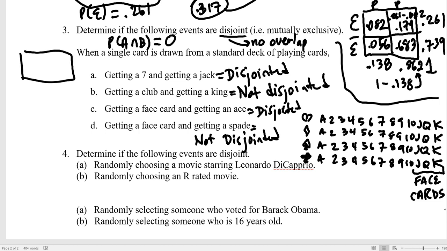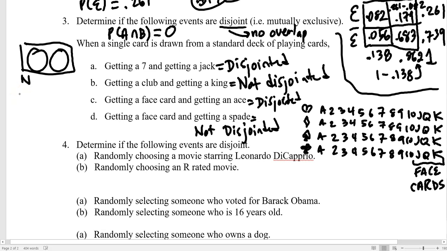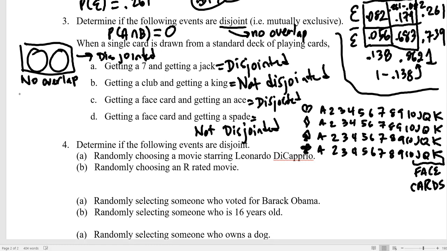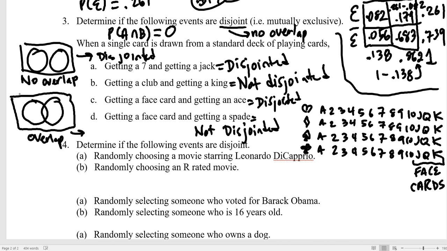I have two events, and there is no overlap. So that's your shoulder, that's the rest of your body, they're split apart, it's disjointed. If there is overlap between the two events, then we call that not disjointed.